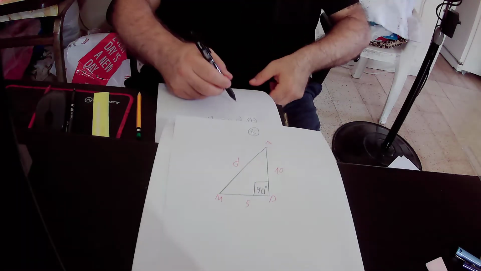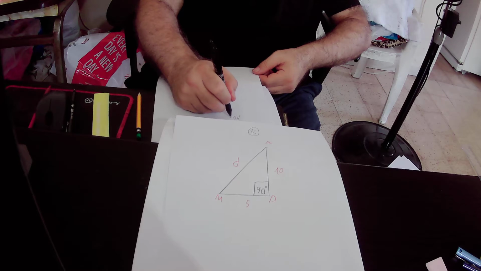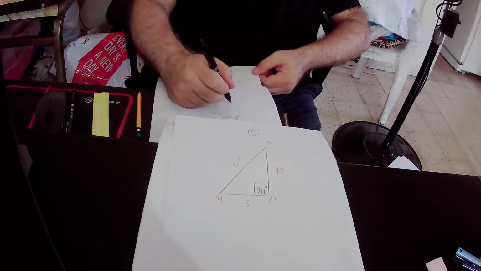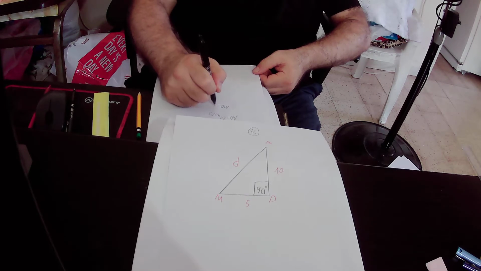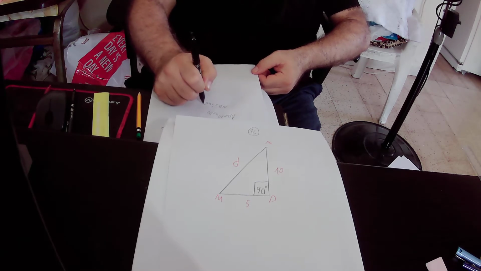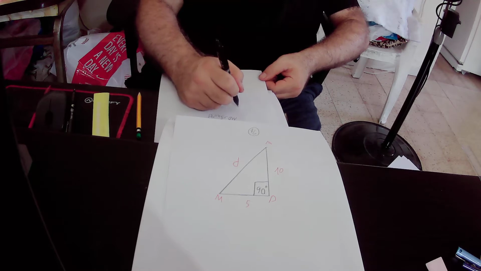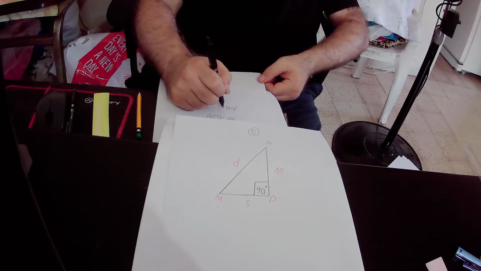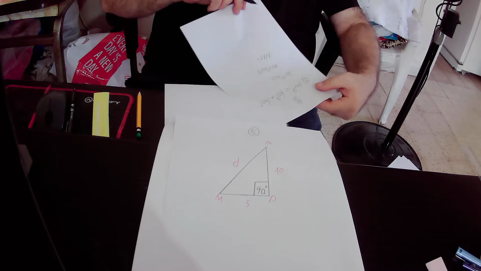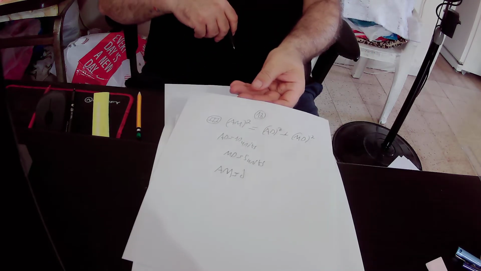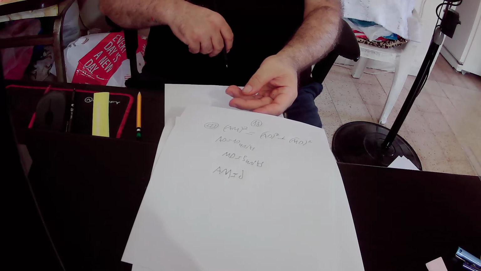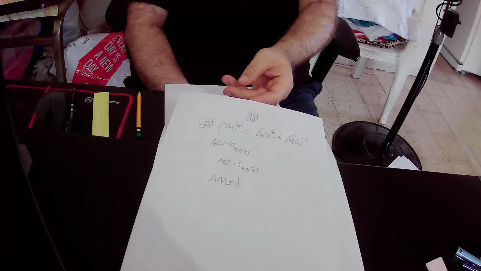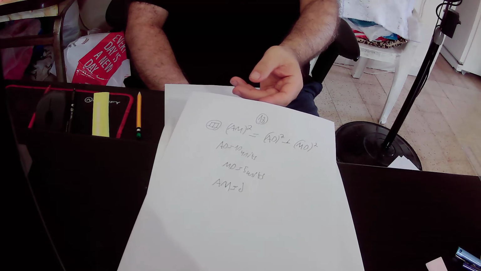But we know that AD equals 10 units, MD equals 5 units, and AM equals D, the diameter of the circle.